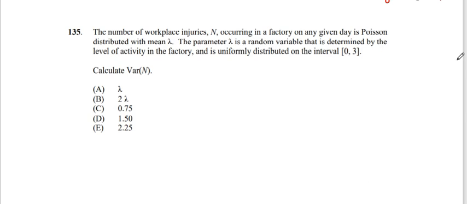Okay, so for this problem, we want to find or calculate the variance for n. So what is n? N is the number of injuries. This n is Poisson distributed with mean lambda.